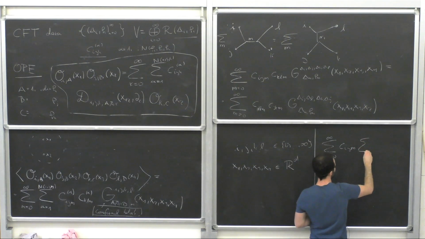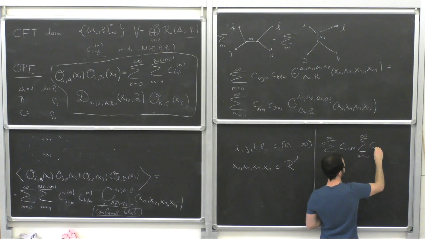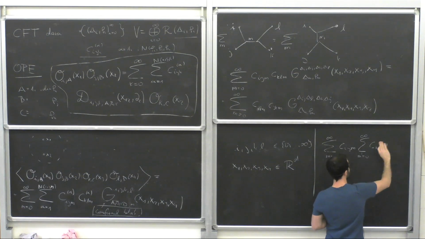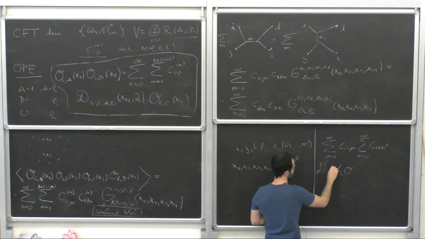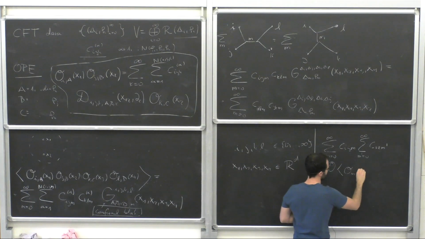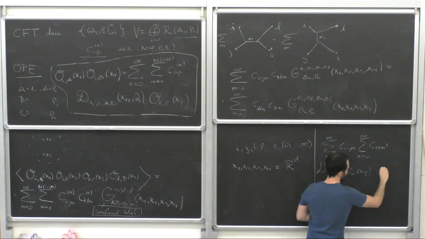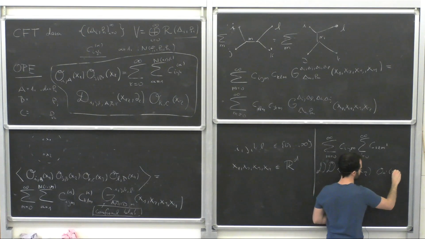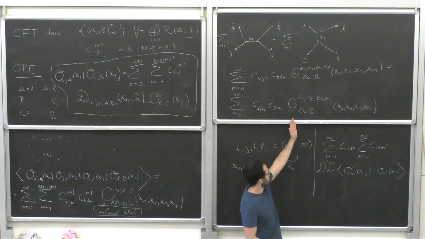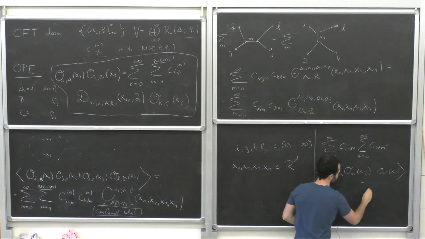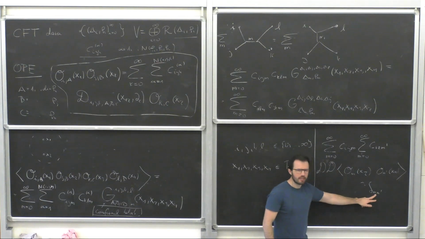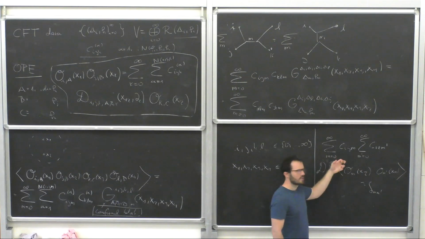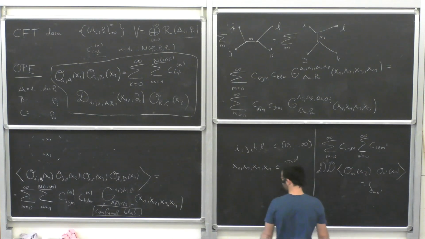And then you can do the OPE on 3 and 4, and you'll be summing over M prime, so you would have C_KLM' times something complicated, but basically you're going to end up with a 2-point function. There are some differential operators, but ultimately you have a 2-point function of O_M(x2), O_M'(x4). Do you agree? This is diagonal, right? We said that the 2-point functions of primary operators are proportional to the Kronecker delta. So this double sum collapses into a single sum. Yeah, thanks. That's a good point.